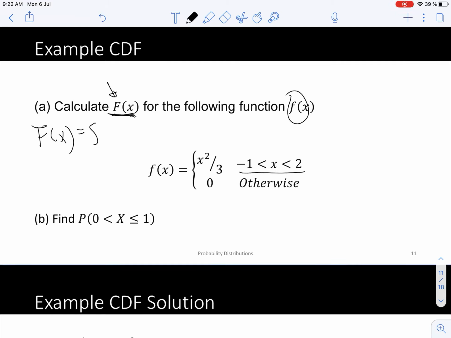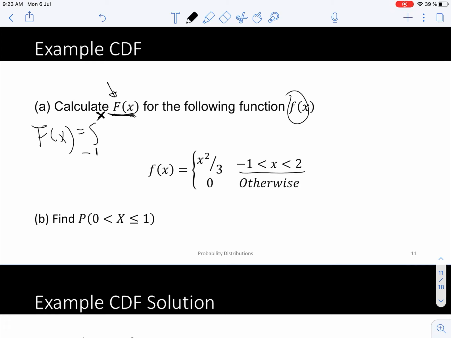For values below minus 1, the PDF is equal to 0, so there is no point to do the integral between minus infinity and minus 1 because it's 0. So instead of minus infinity, I will begin the integral from minus 1 because that's the lowest point where the random variable is defined, up to x. We want to leave it as a function of x. That's why I'm using x in the upper limit.